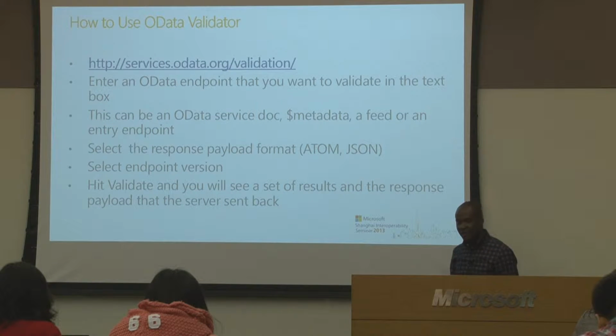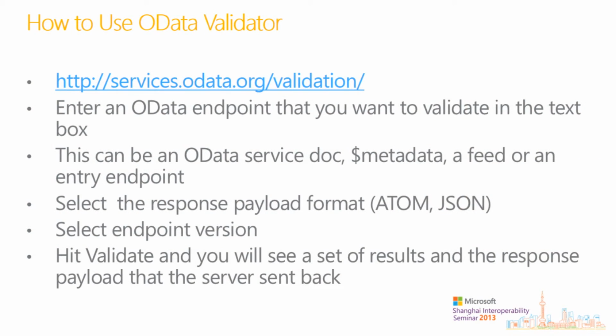And you hit the validate button, and it does its magic behind the scenes and then returns a set of results, and the results indicate whether your OData service, or whatever endpoint, is valid or not.